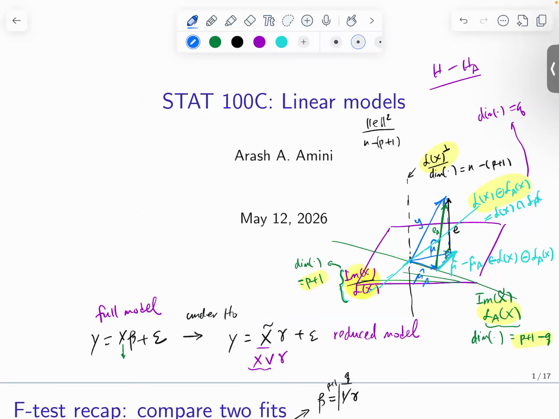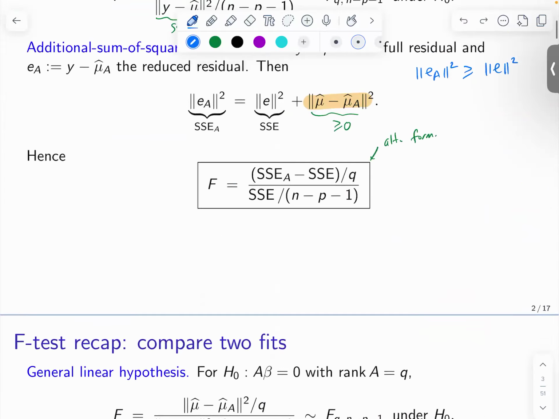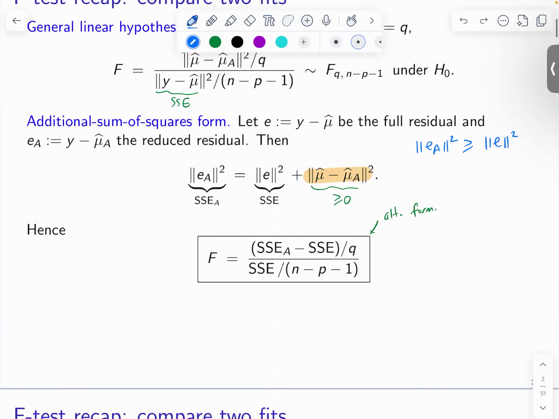So this is the case where the null is not true. You can see there's a component of y in this direction which is lost by projecting onto the smaller model. So mu hat captures it, but mu hat A cannot, and exactly the size of this tells you how much the difference in the errors is.